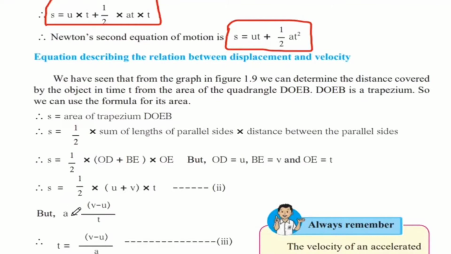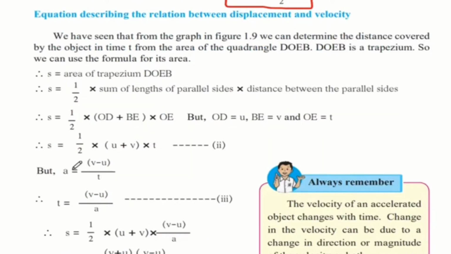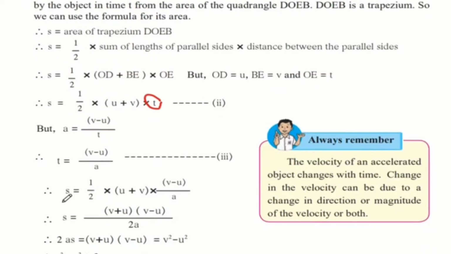But acceleration is equal to final velocity minus initial velocity upon time t. So if we substitute this, we would get t is equal to v minus u upon a. Therefore s is equal to half into u plus v into, now we have substituted the t, v minus u upon a.